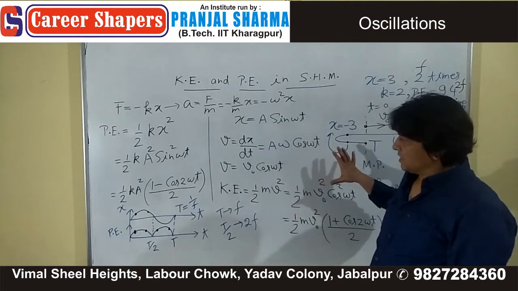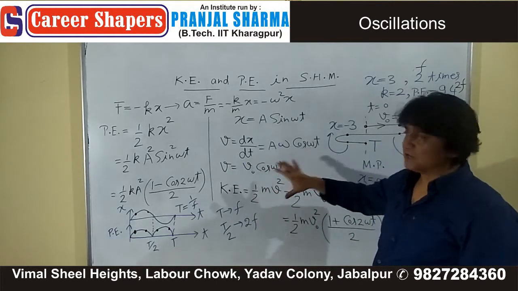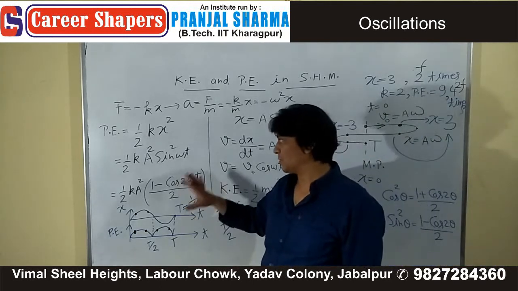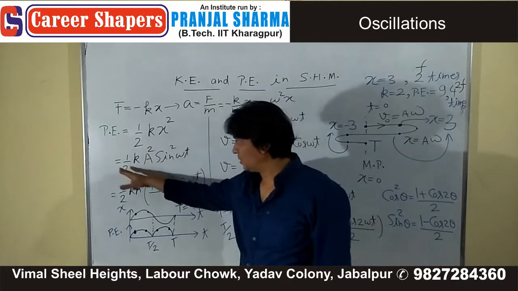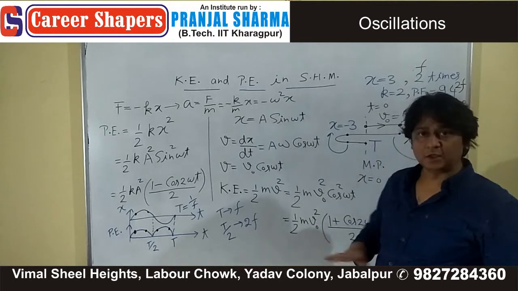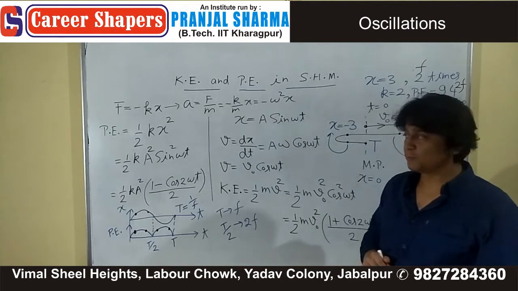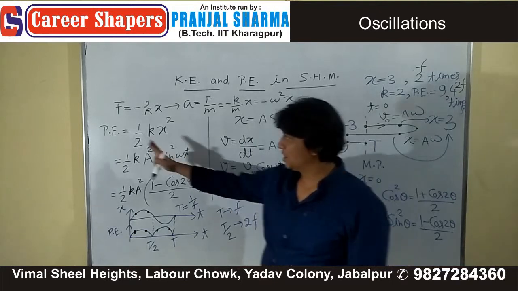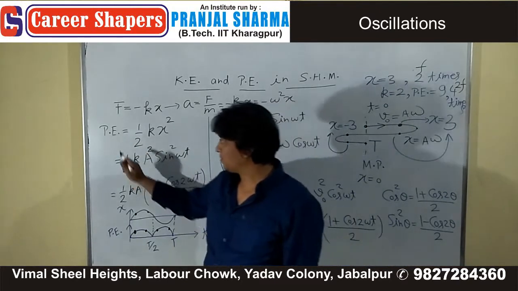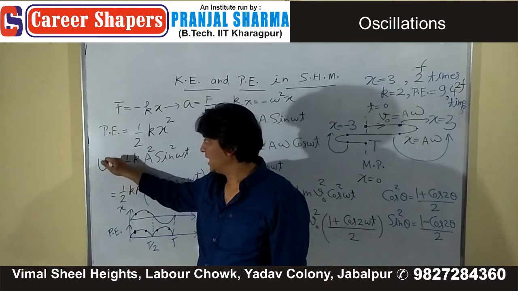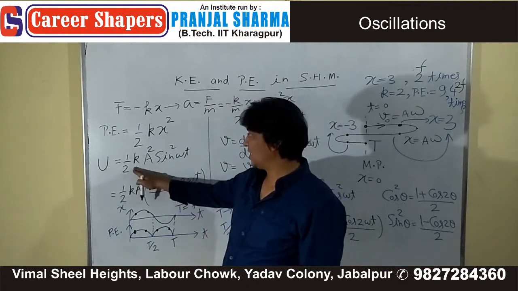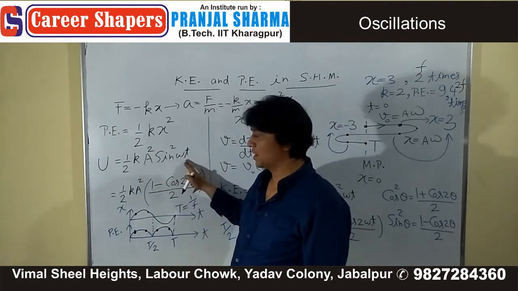Now, the function which you see of potential energy and kinetic energy, if we restrict ourselves to this part only, then you will notice one thing. What is that special thing? Let's say you write potential energy as U. This is half k A square sine square omega t.